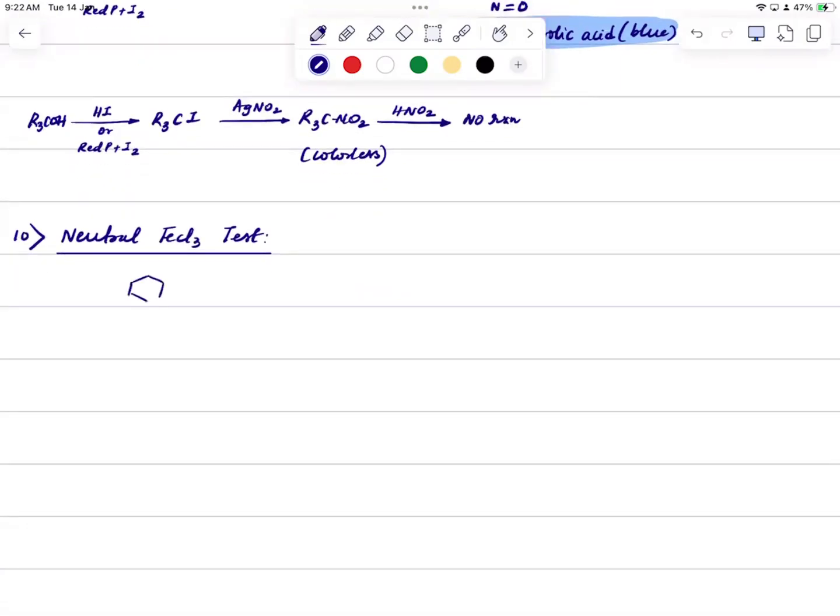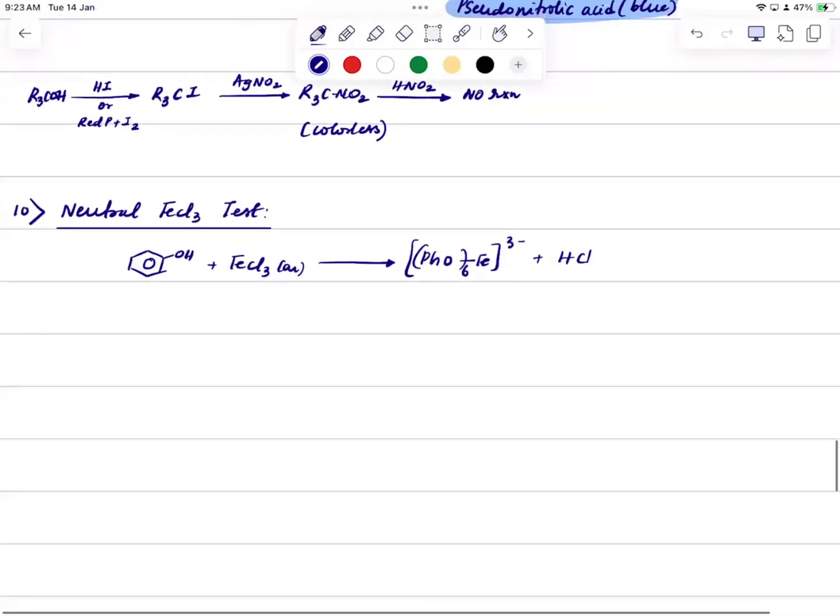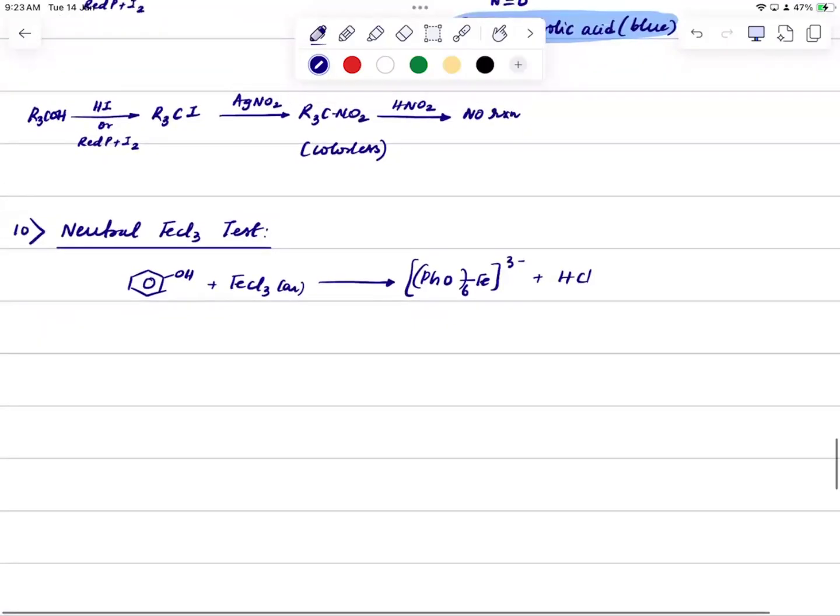So if you have phenol, any form of phenol, any substituted form of phenols, if you treat this with FeCl3 aqueous, then we will get a complex, Fe 6 times, the complex, plus HCl. Got it? This is how the complex would form.